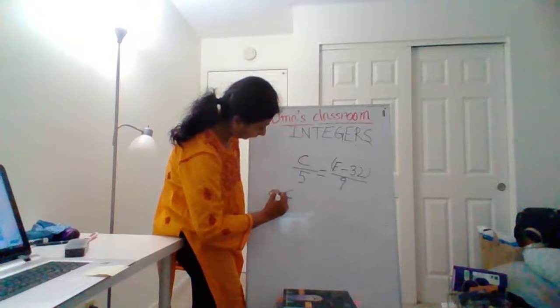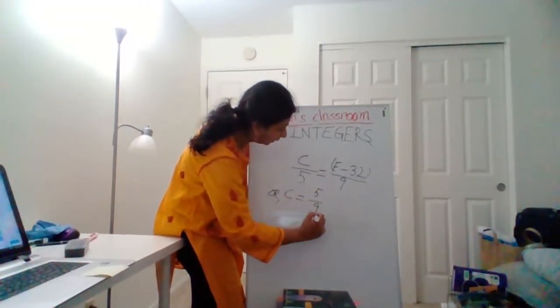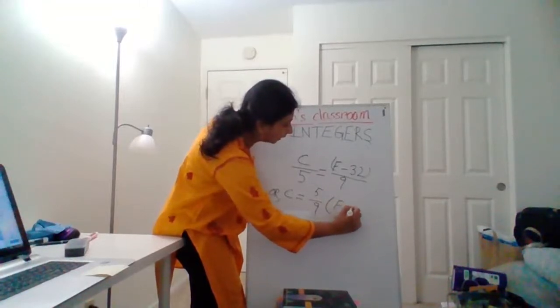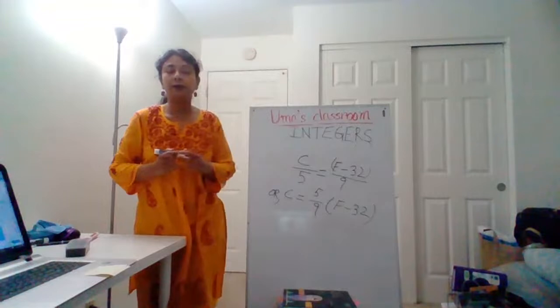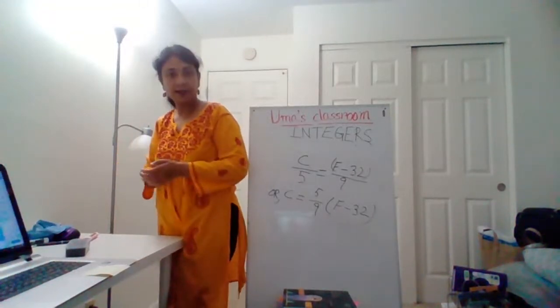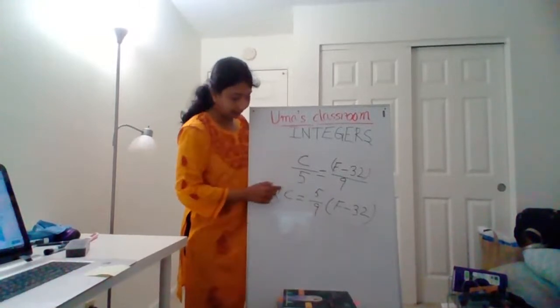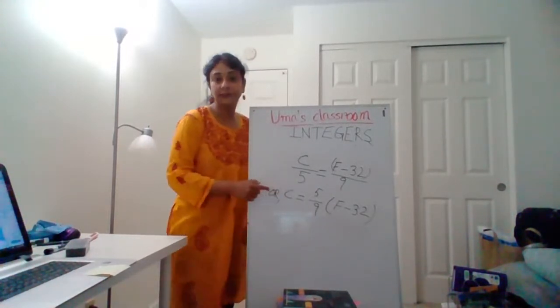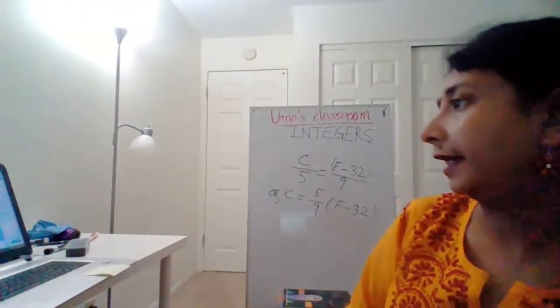C = 5/9 times (F - 32). And now I will be giving you the values in Fahrenheit. So substitute those values here and then get the values in centigrade. Let's see what's the question after that.